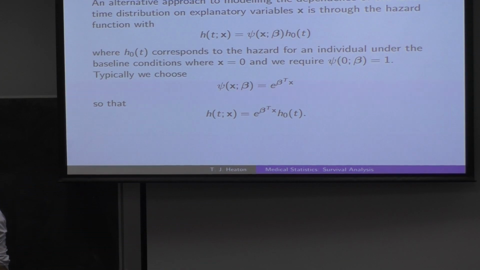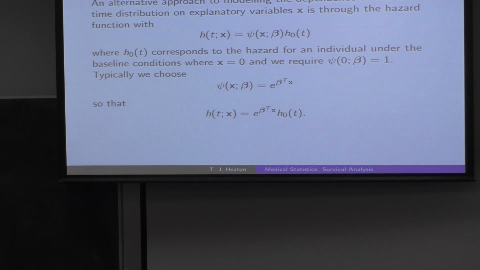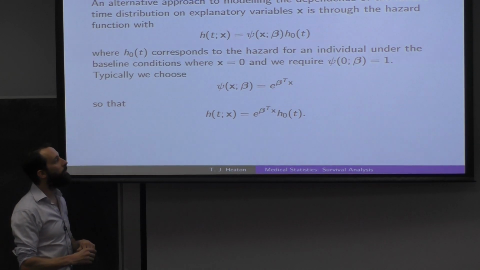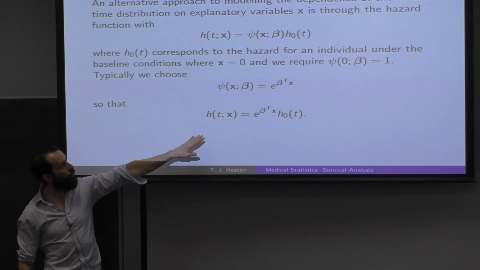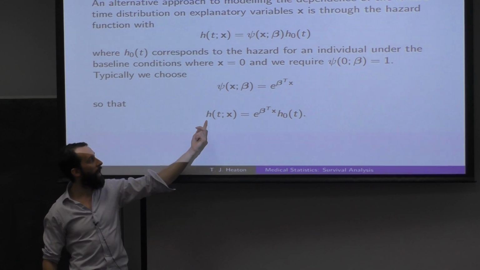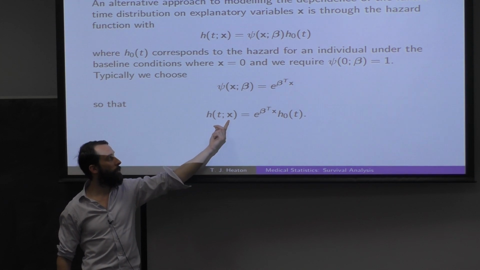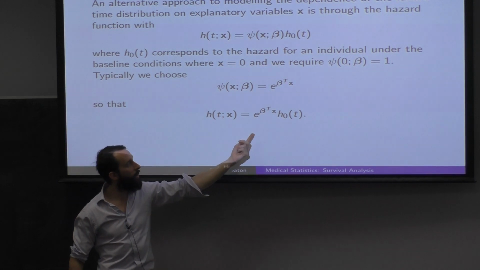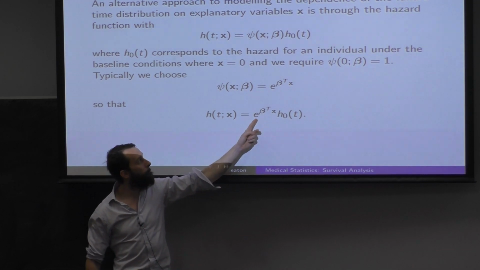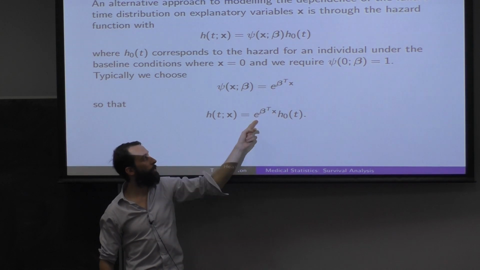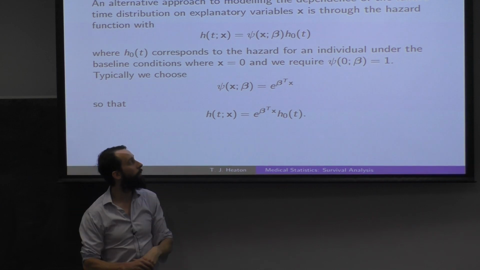So it's the other way round from accelerated failure time models. It's a bit confusing, but you need to make sure you remember. So we're going to fit a model that says the hazard of somebody at time t who has explanatory variables x is the baseline individual's hazard at that time multiplied by something that takes account of the explanatory variables.